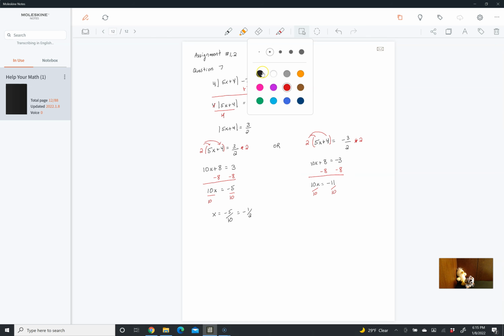And for this one, our solution is x equals negative 11 over 10. So you have two solutions for this one. Negative 1/2, comma, negative 11 over 10. And that's it.